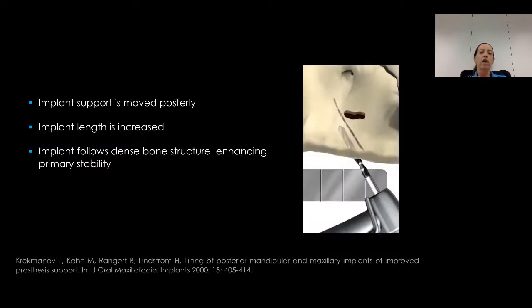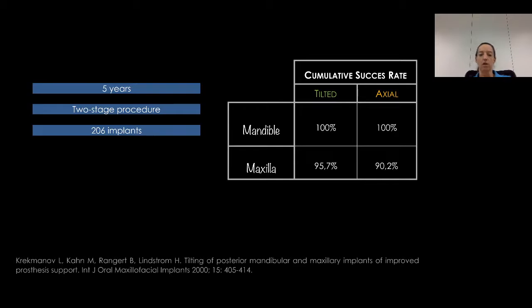Krekmanov stated that by tilting the implant, the implant support is actually moved posteriorly, and the implant length can then be increased. By increasing the length, the implant will follow dense bone structures, enhancing its primary stability. So in his study of 5 years, the cumulative success rate showed that the tilted implants in the maxilla and in the mandible had very high survival rates.